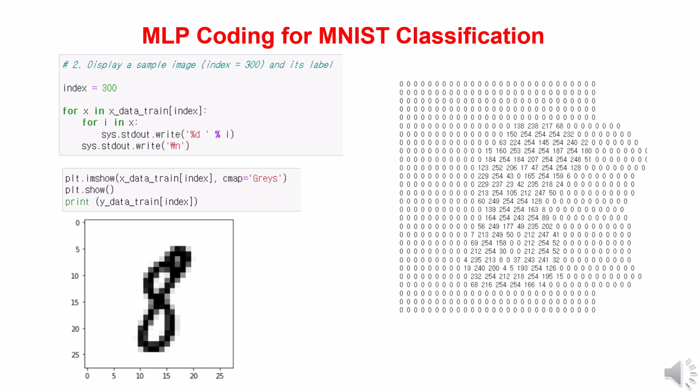If we take a look at the MNIST dataset, for example, by loading the 300th data point, we can see that it represents the digit 8. When visualized, it appears as a grid of numbers, ranging from 0 to 255.